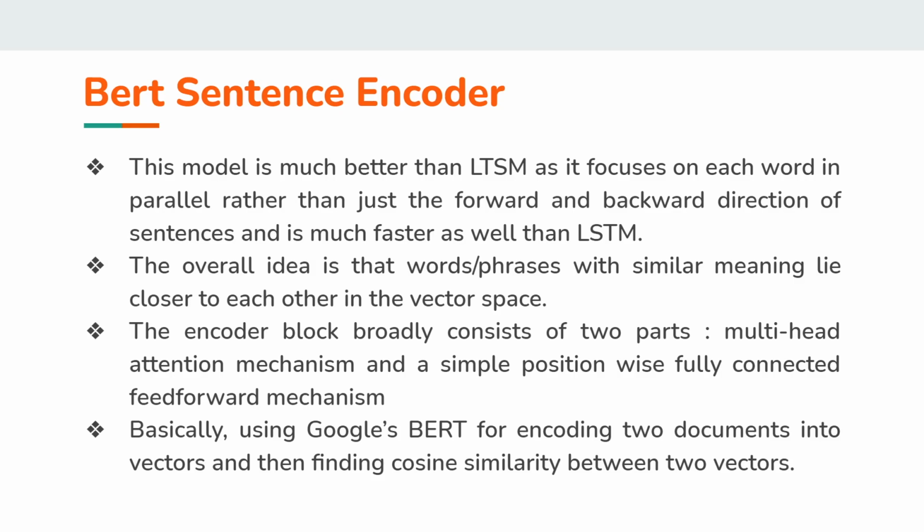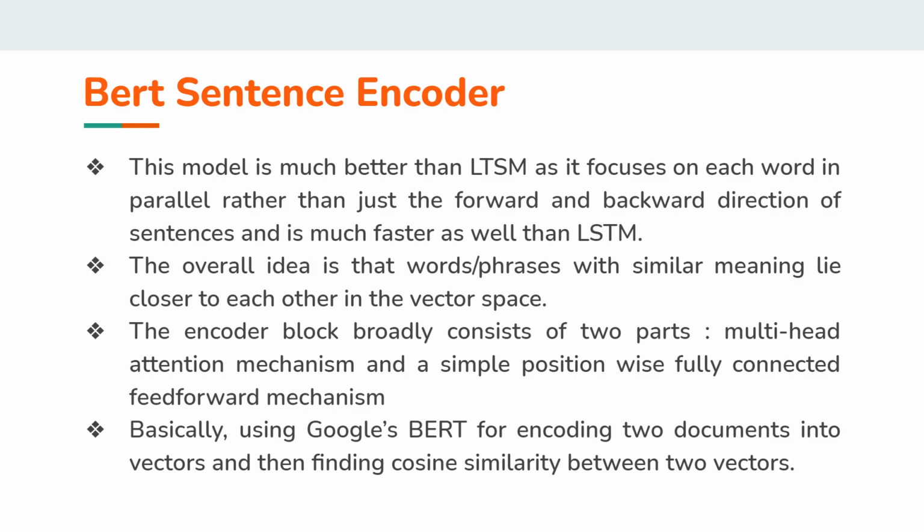The multi-head attention mechanism contributes to each word being worked on in parallel, and this ensures that for a particular word its relation with its sentence is captured, to get the actual context of that sentence. And we use the position-wise feed forward mechanism in order to transition from one layer to another.